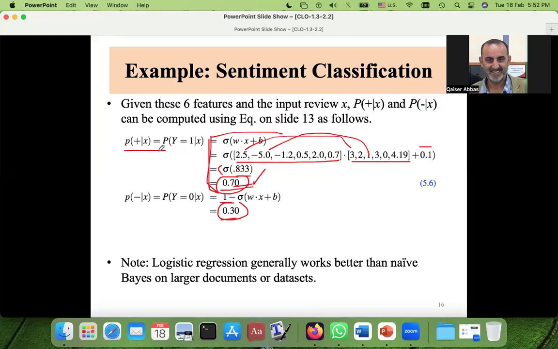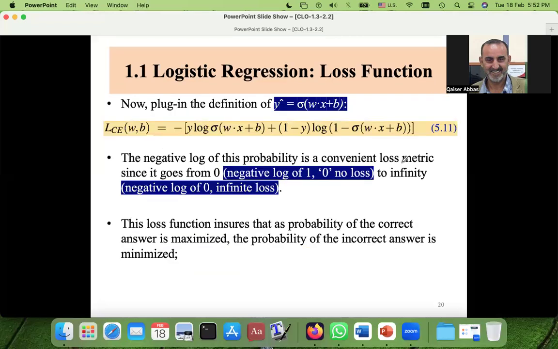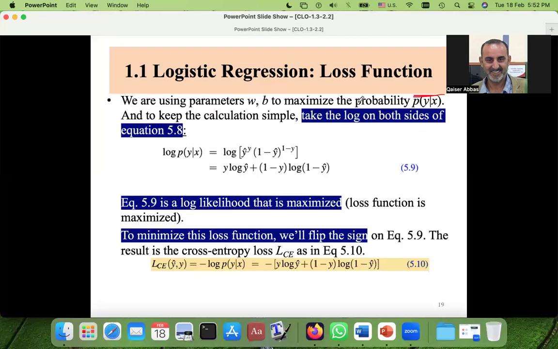Here you can see I am multiplying x with the weight. So now when we calculate this probability, we will use these weights to maximize the probability, or you can say to calculate the probability. Leave these words maximize or whatever.